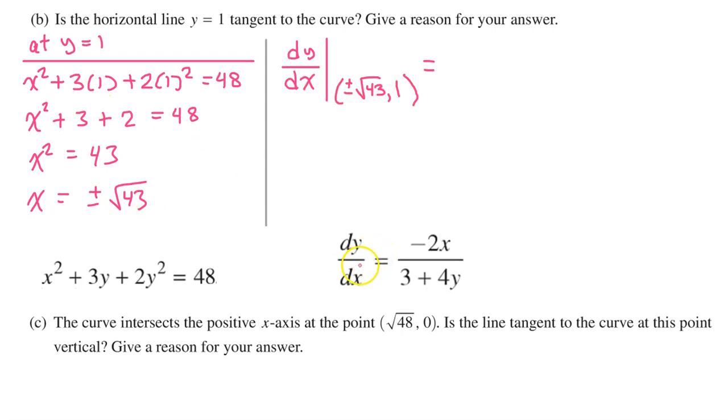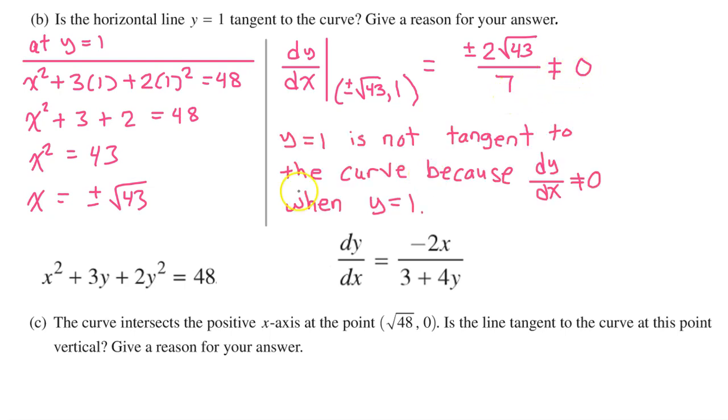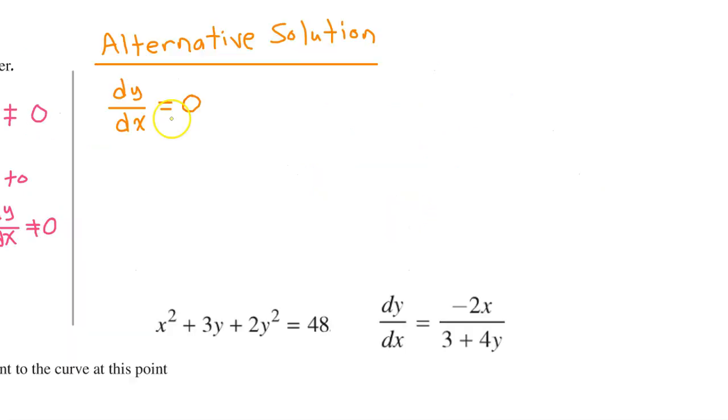Next, we evaluate dy/dx at (plus or minus radical 43, 1) to see if it equals 0. But dy/dx is equal to plus or minus 2 radical 43 over 7, which does not equal 0. y equals 1 is not tangent to the curve because dy/dx does not equal 0 when y equals 1.